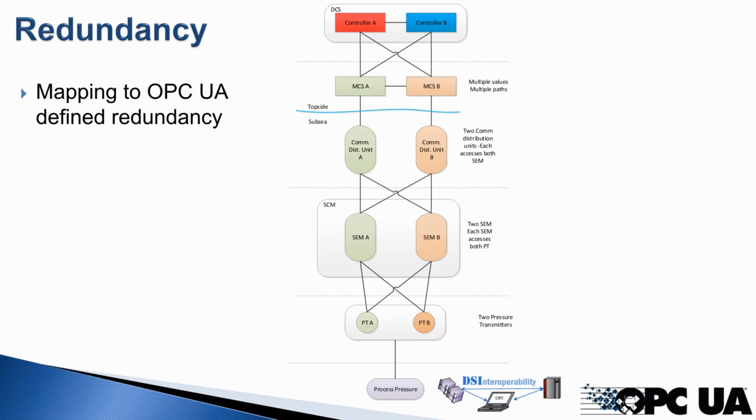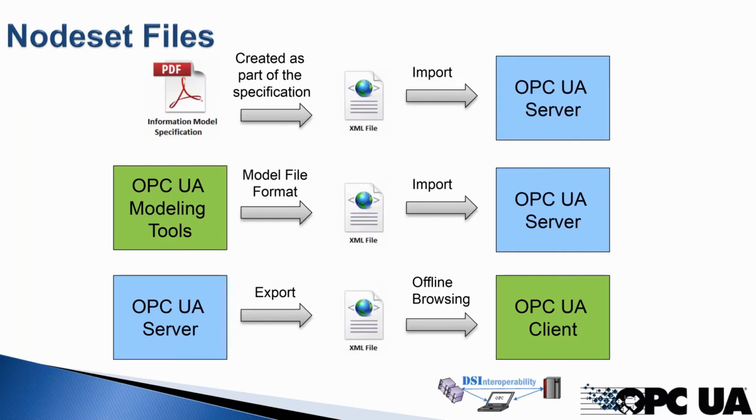MDIS also describes redundancy and how redundancy can be deployed, the options, and how it should be used when you're deploying redundancy. OPC UA supports the concept of a node set file, which is an XML representation of the information model in the server. MDIS utilizes this to help alleviate some of the testing and headaches when you exchange spreadsheets or other forms of data that you have to then import to adjust the configuration on the other side.